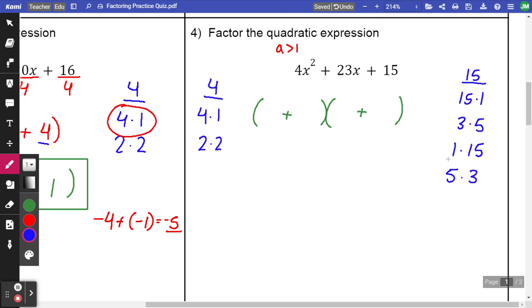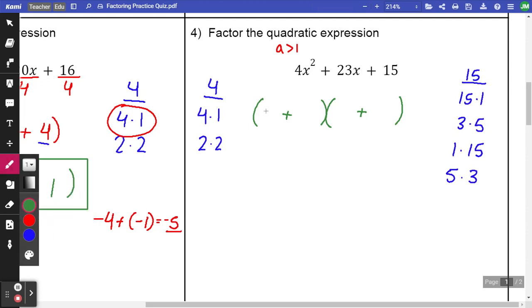So looking at all those possibilities, we have 4 here for 4 and 1, and then 4 again for 2 and 2. There are 8 different possibilities that this can happen, and only one of them will add up to 23x. Okay? So just being strategic and looking at where these are placed.